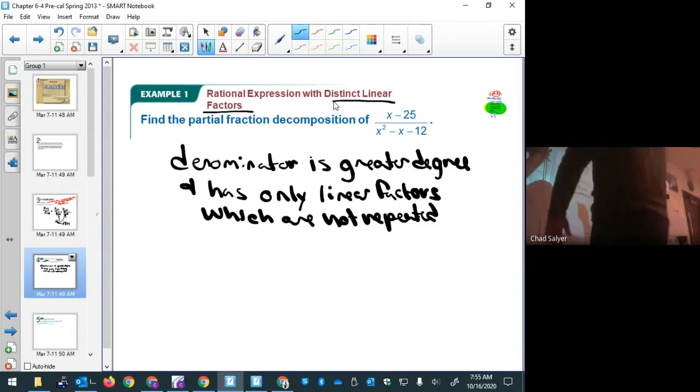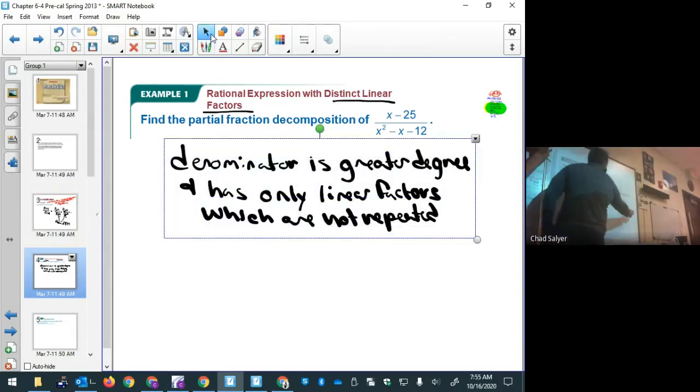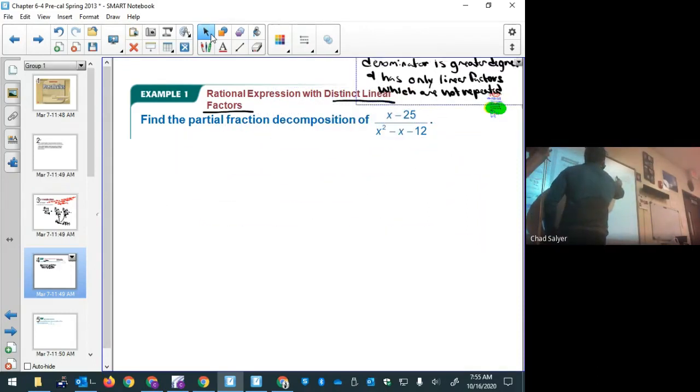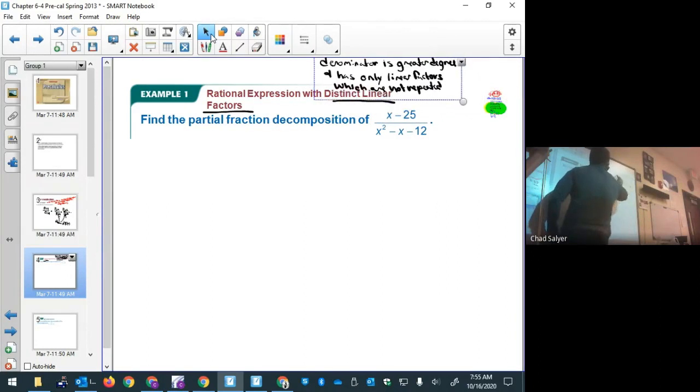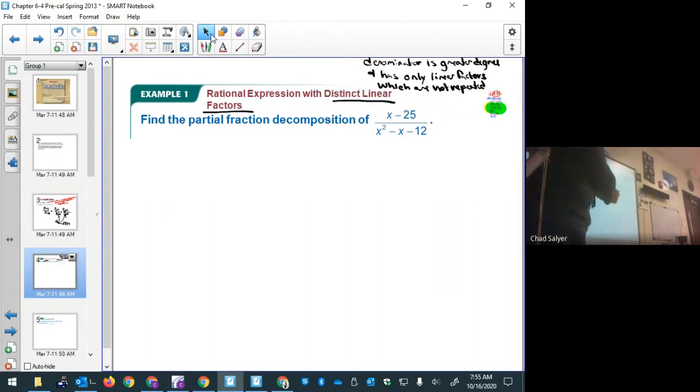That is this particular flavor of partial fraction decomposition. And this is the easiest type of problem of this sort.